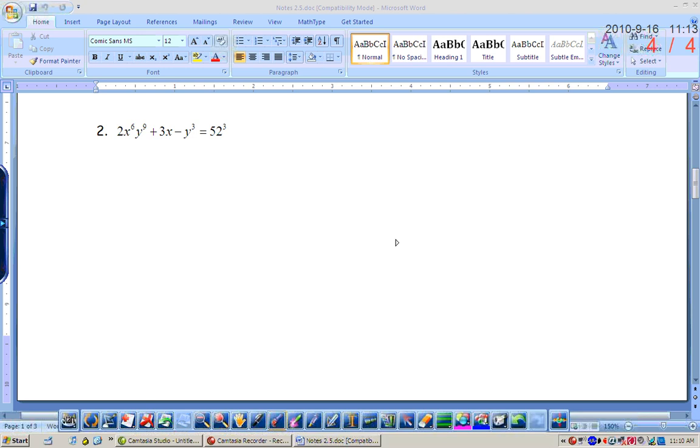Okay, let's try number 2. Now, 2x to the 6th, y to the 9th. What is that? It's a product. So I'm going to have to use the product rule. Personally, I would group the 2x to the 6th together and the y to the 9th.